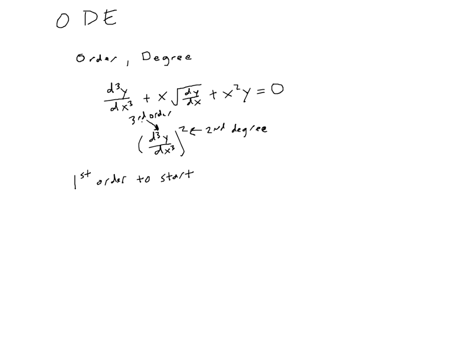Square the first one? Yeah, actually, it did, because this term was a radical. Because it was a radical, to rationalize it, we had to square this term. Okay. All right. So a first order equation is basically where you just have dy/dx.